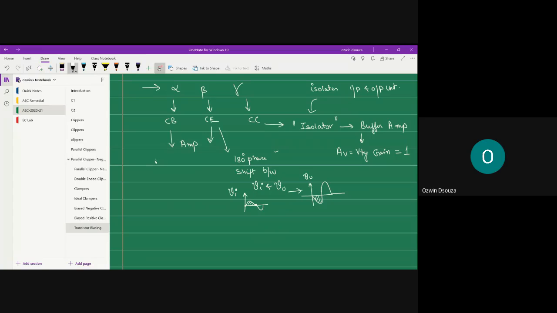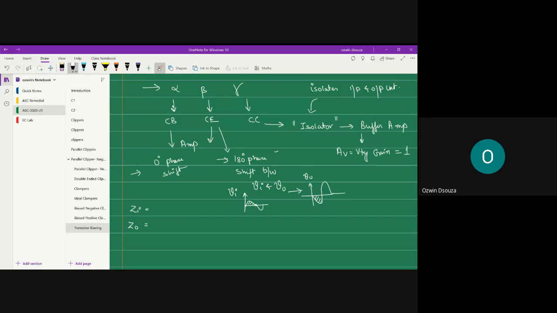On the other hand, CB gives 0 degree phase shift. You may ask, this gives 0 degree, this gives 180 degree, so why not go for the circuit which gives 0 degree phase shift? But there are some differences, mainly the input and output impedances.